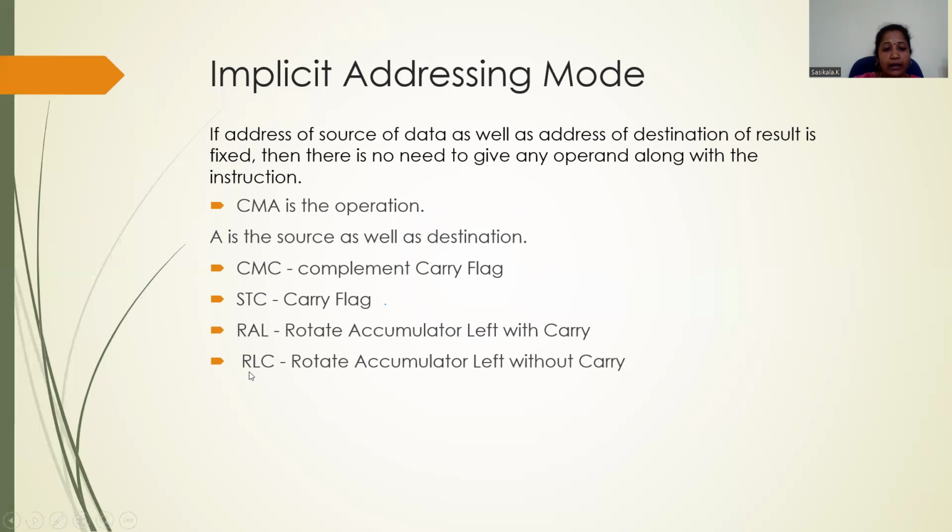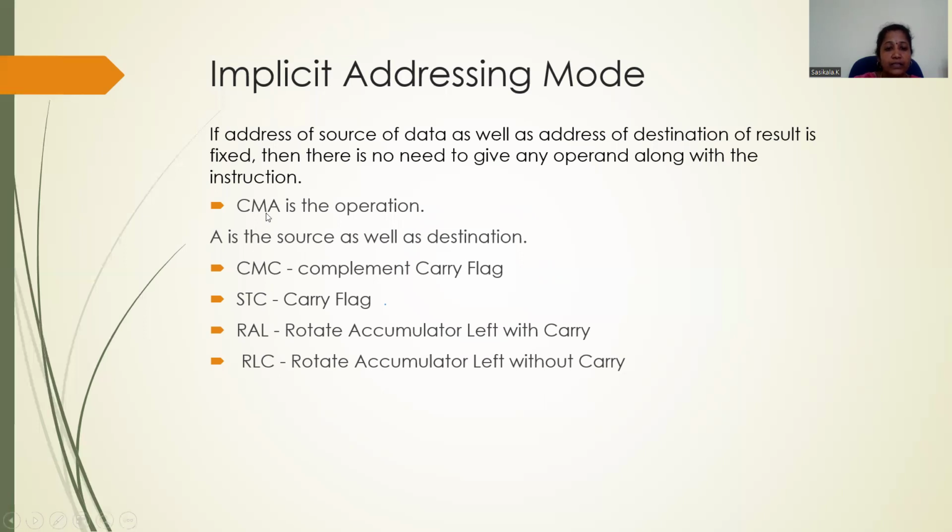Then RLC means rotate the accumulator left without carry. So we understood that the content of the accumulator is rotated left without carry. So the source operand is in the accumulator, and after performing the operation, again the result is stored in the accumulator.